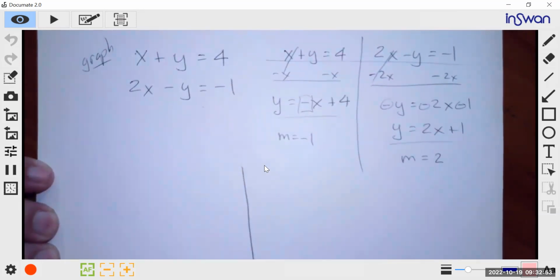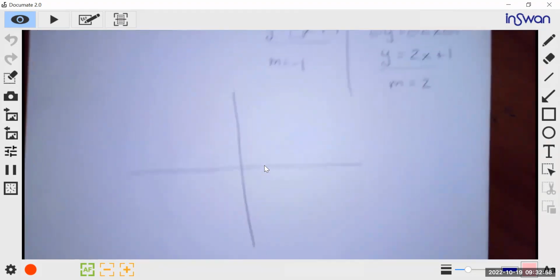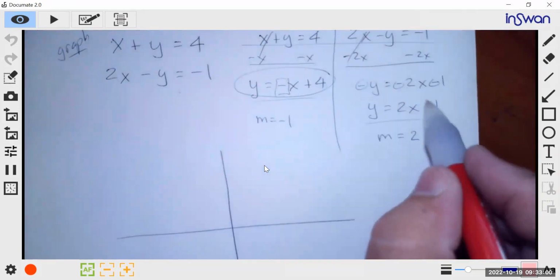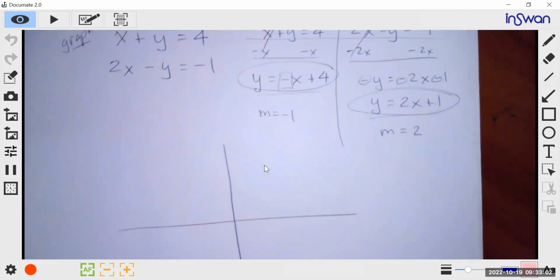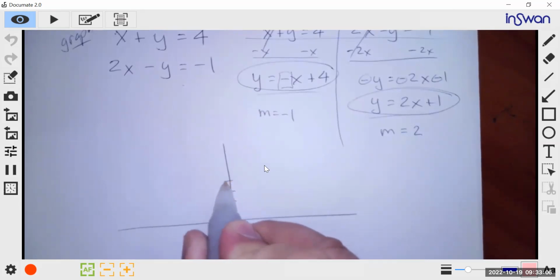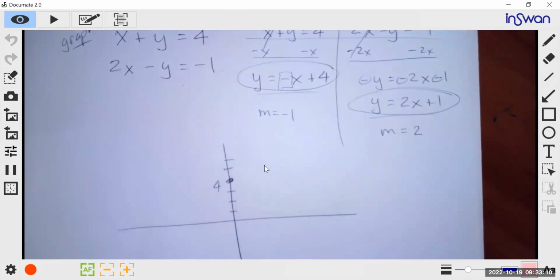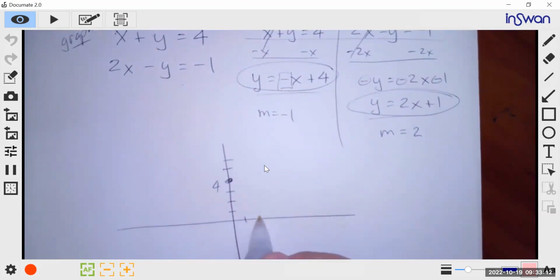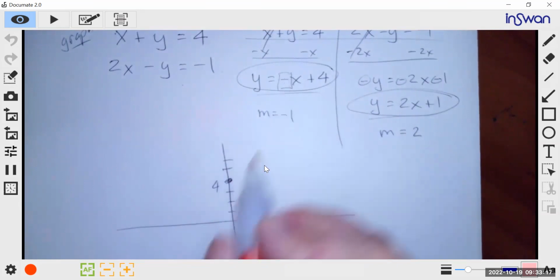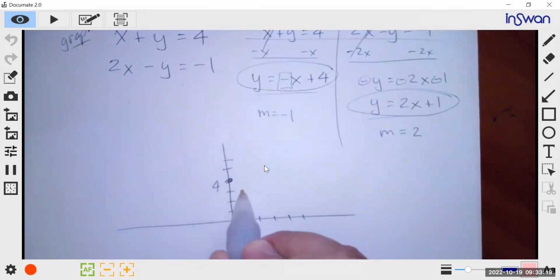So let's go ahead and graph them and see where they meet. We're going to use these equations. The first one has a y-intercept of 4, and the slope is -1, so it's down 1 over 1.